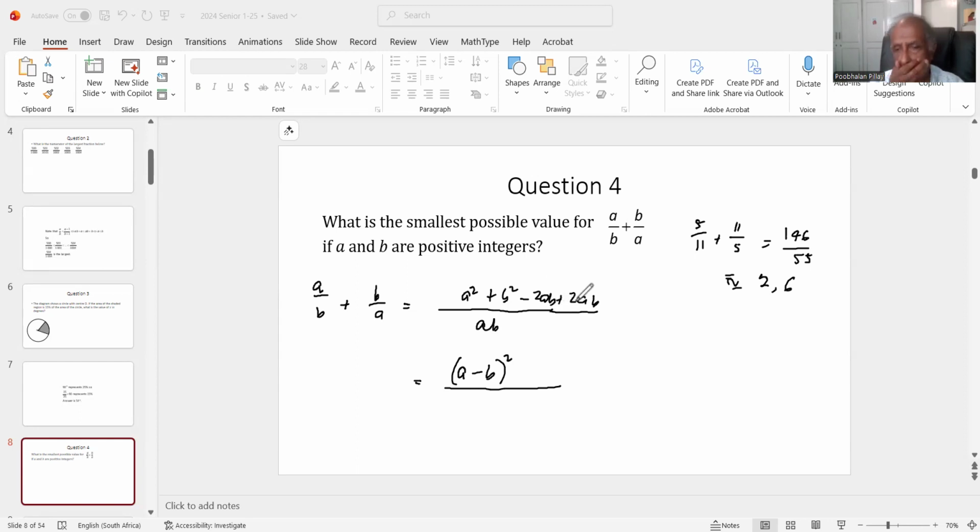I'm adding 0, so it's not making any difference. But this part here is (A minus B) all squared over AB, which is A squared minus 2AB plus B squared over AB, plus 2AB over AB.